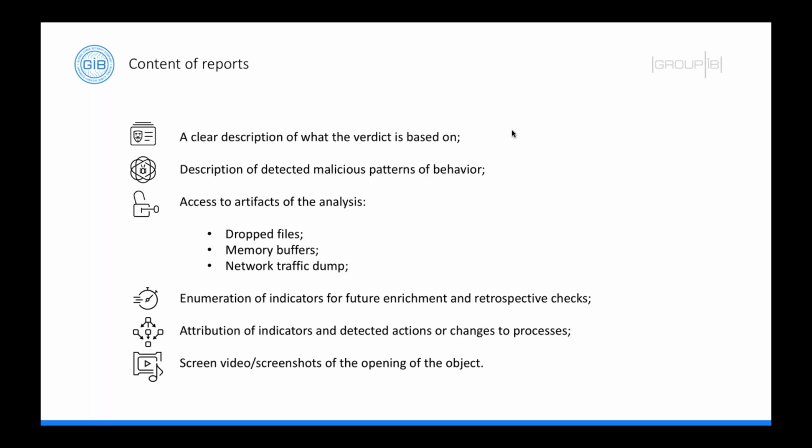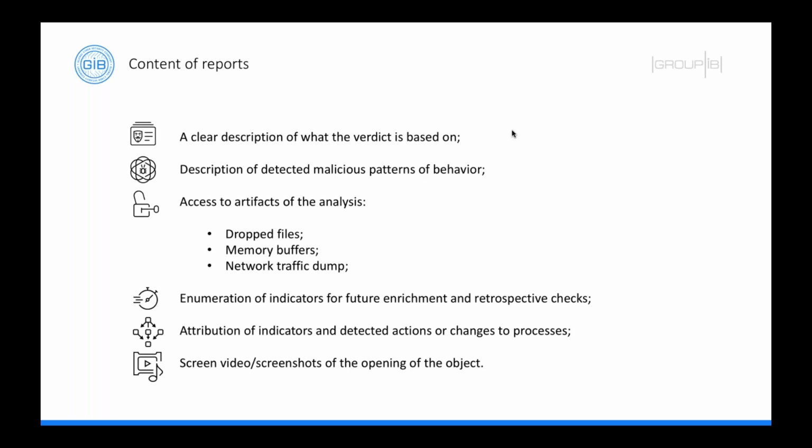The number one thing is a clear description of what the verdict is based on. It should be written directly whether a specific verdict is based on static analysis, which is basically antiviruses, or on behavior analysis.